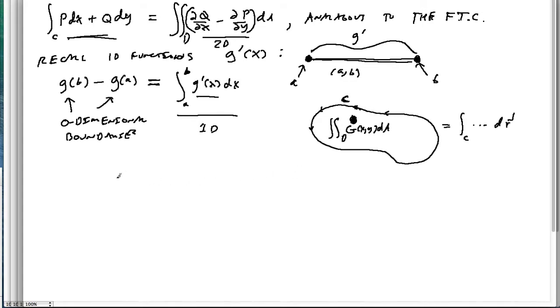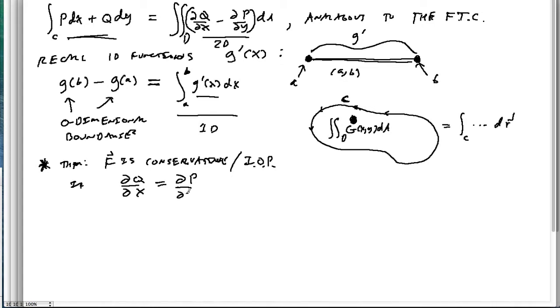So that might help you a little bit. So let's look at another key fact there. Recall from the previous video there was a theorem that f is conservative, or otherwise we call it independent of path, if the partial of q with respect to x is equal to the partial of p with respect to y.